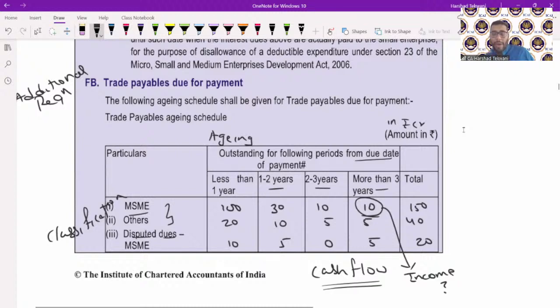Vidula, at times you make a provision even though it is not billed. For example, electricity expense. You make a provision for electricity expense. You know that is the amount you are required to pay, but it is not billed by that particular person. In the same way, it may happen that goods have been received by you, we have used the goods, we need to pay the amount, but they are yet to be invoiced.